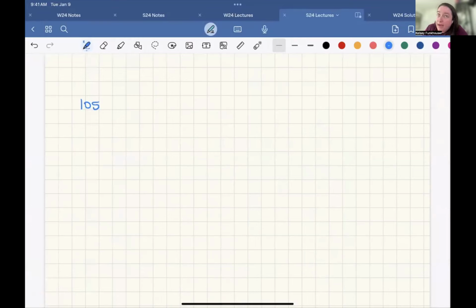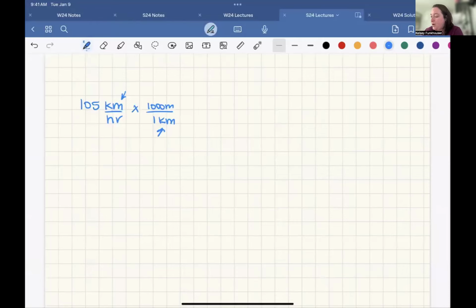So 105 kilometers per hour for the initial velocity. So we want to get this in meters and in seconds. So let's do meters first. There's 1,000 meters in 1 kilometer. And I put it like this because kilometers are on the top here. So I need to put it on the bottom there so that they cancel.